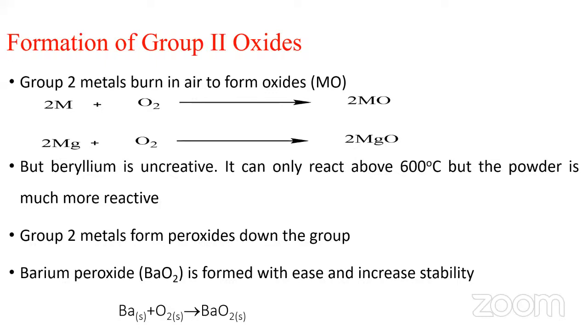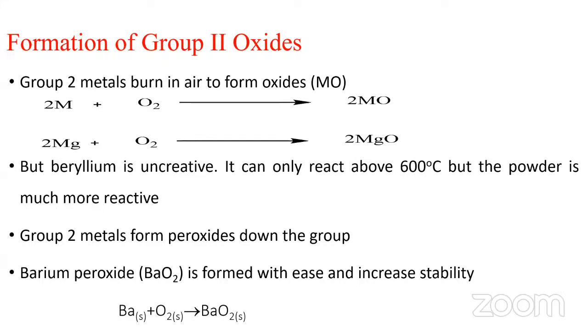Now look at the reactions. As I said, just like your group 1 elements, they form oxides, hydroxides, and halides. The formation of oxides, I already told you, is just the reaction of the metal with oxygen. So your group 2 metals can burn in air to form oxides.